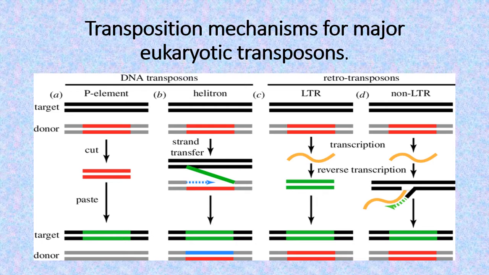Now, the transposition mechanisms for the major types of transposons are shown over here. They involve transfer of DNA segments directly, as in case of DNA transposons, or may take place via the RNA intermediates, as is the case in the class 1 transposons, that is the retrotransposons.